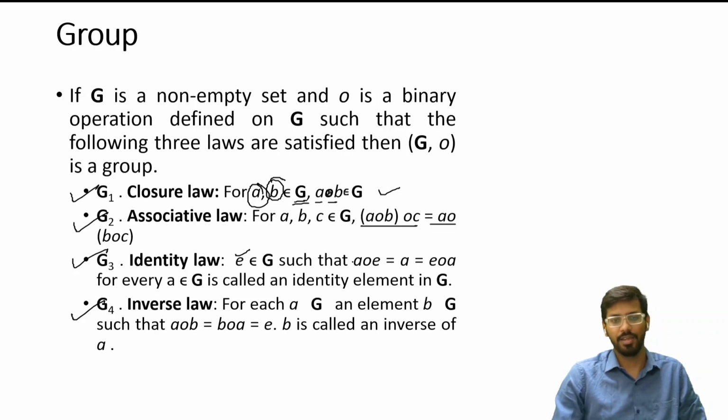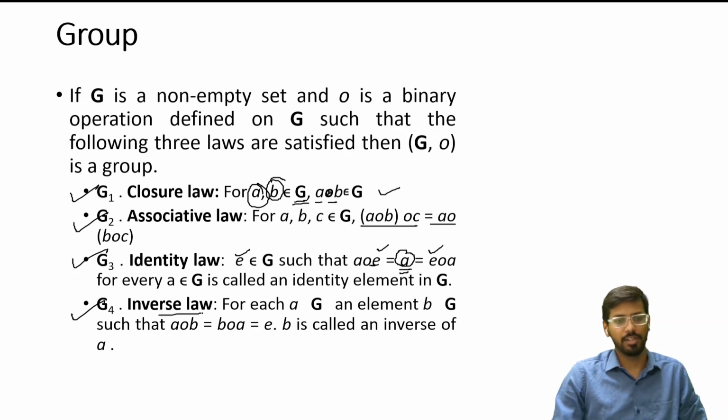When we operate A with the identity element, we will get the same element A. Here, this E is the right identity and this E is the left identity. And later we will prove that the left identity should be equal to the right identity.